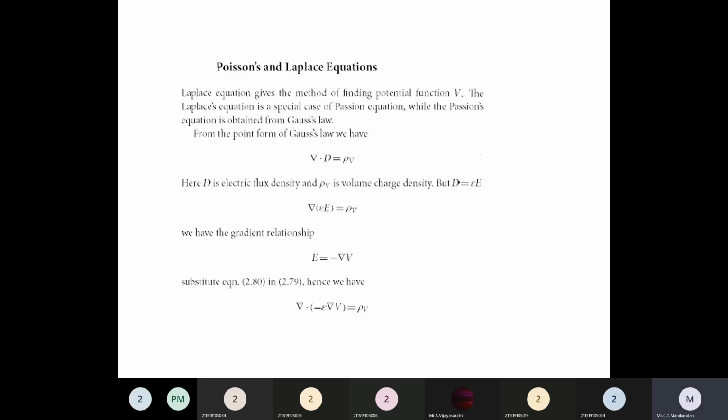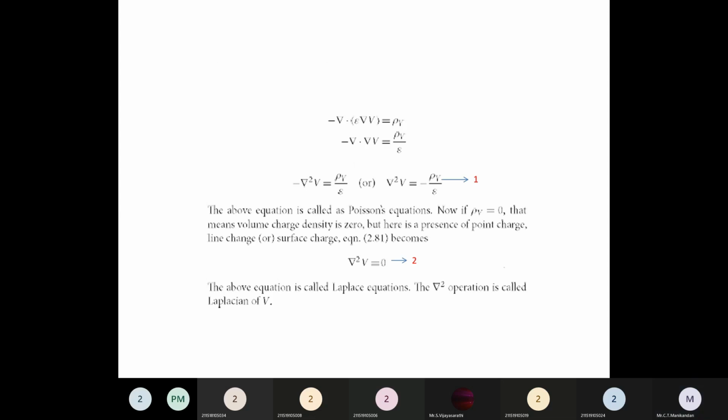We obtain the Poisson's equation with the electric field concept. If you have E equal to minus del V and apply that here, you will get Poisson's equation: del square V equal to minus rho v by epsilon.